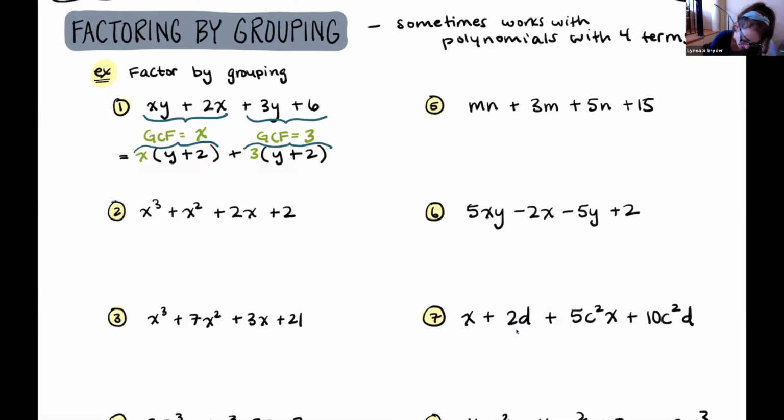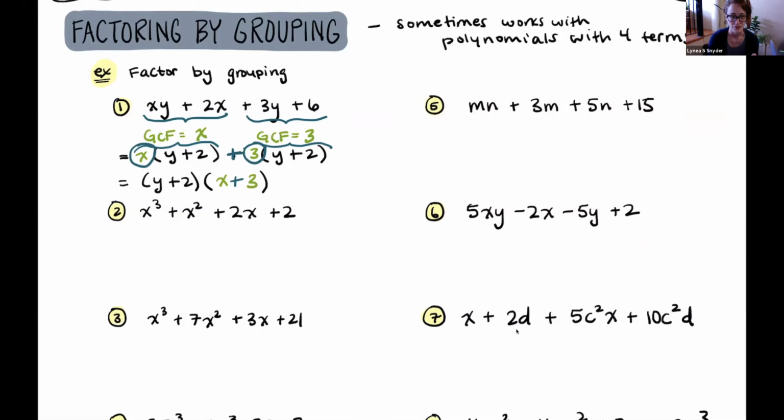And so then we can factor out a GCF of y plus 2. And what we're left with here is the x and then plus 3. And there we go. There we have factored by grouping.